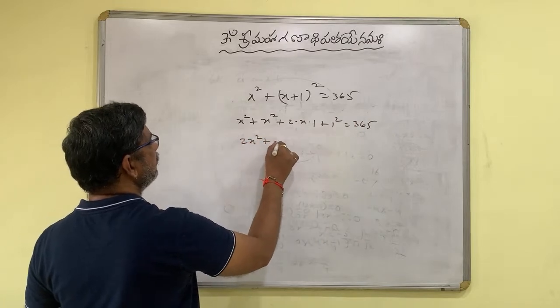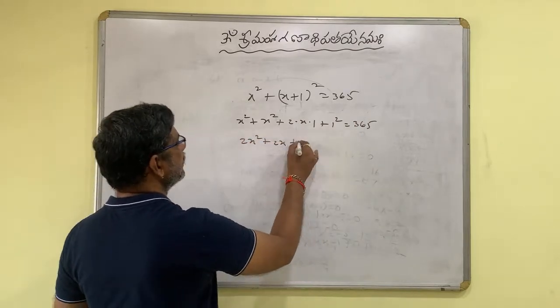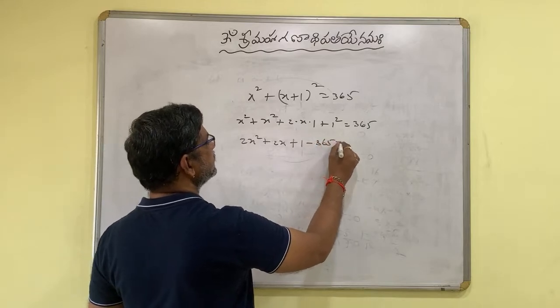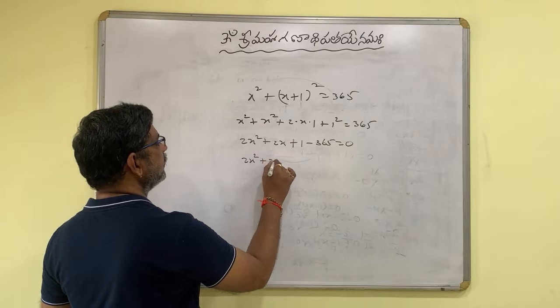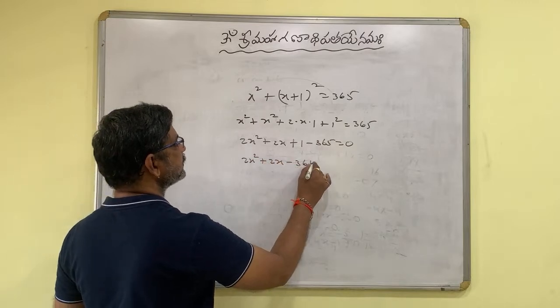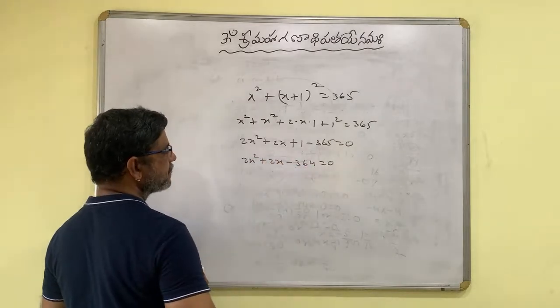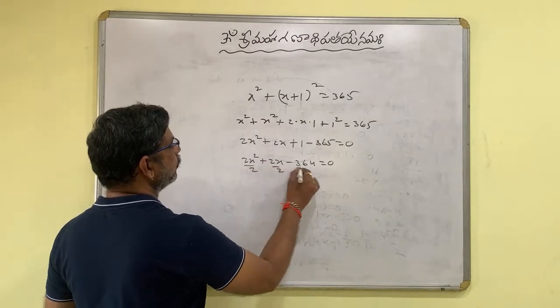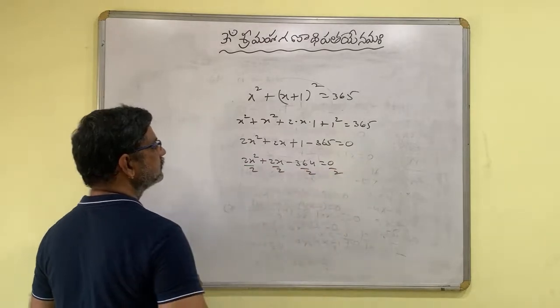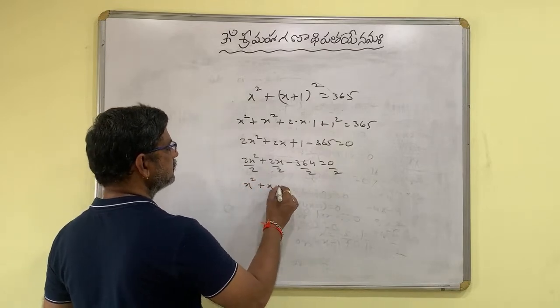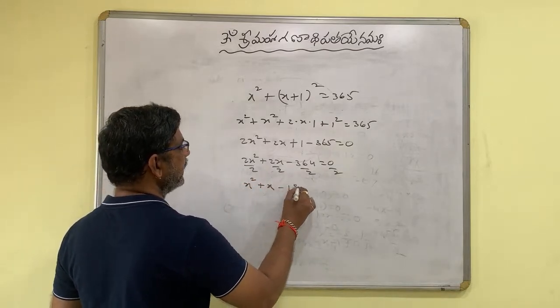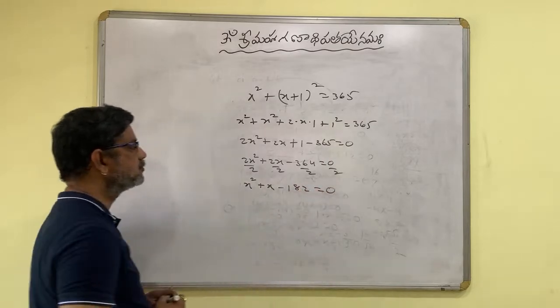2x square plus 2x plus 1 minus 365 is equal to 0. 2x square plus 2x minus 364 is equal to 0. Divide by 2 on both sides, and you will be left with x square plus x minus 182 is equal to 0.